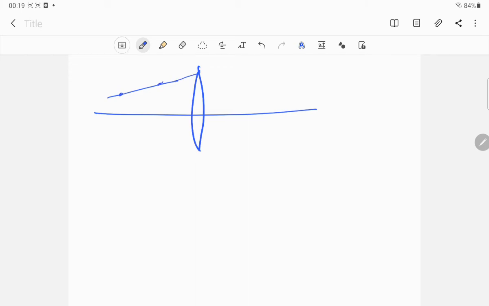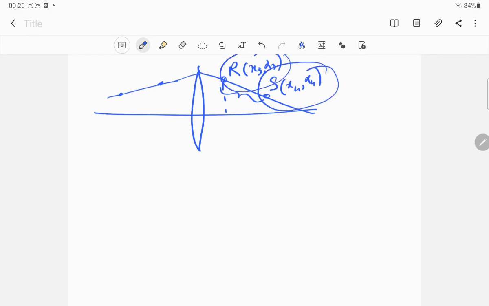Okay, so I am asking you, suppose here to here, and this is R and this is S. I am asking you how the ray will change from here to here. Okay, so here it is say x3 and alpha 3 and it is say x4 alpha 4. So how does it change? This is a final stage, this is an initial stage.